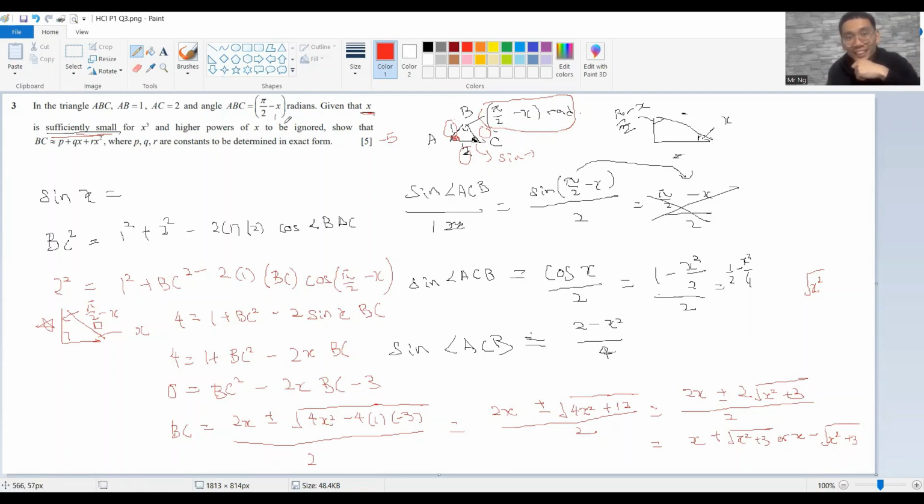If you think about this as a radian, x has to be 0 to pi over 2, else the whole thing will be negative radian, which doesn't make sense. So x is from 0 to pi over 2, 0 to 90 degrees, which means it's positive.